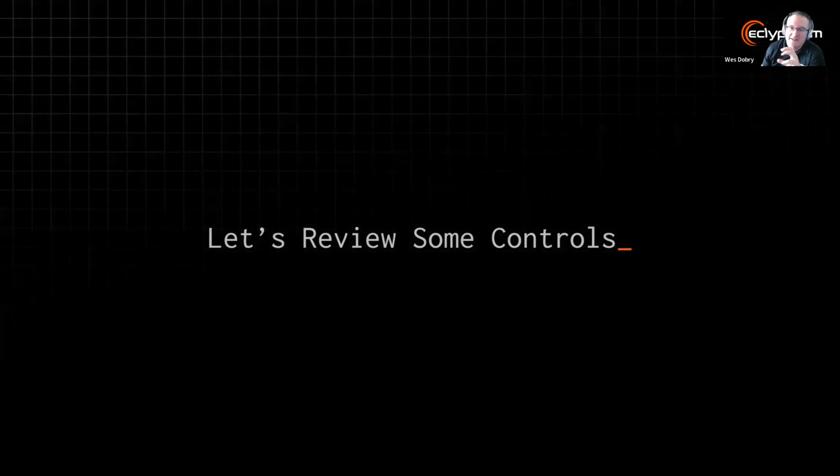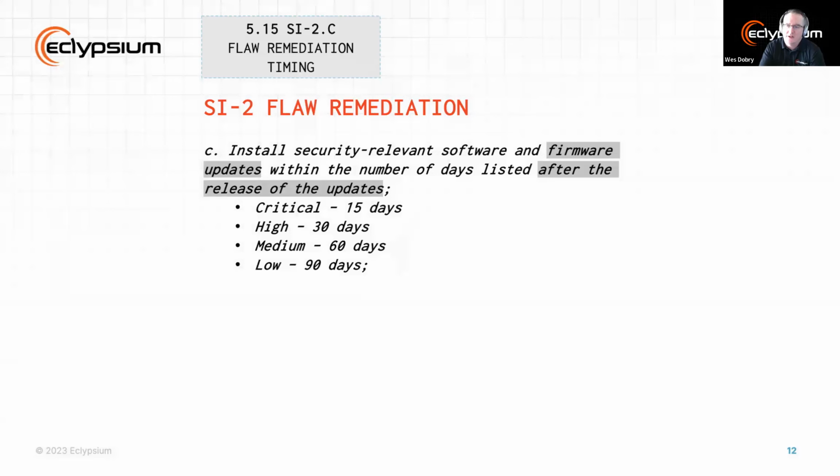So let's take a look at some of the specific controls that have been added and how they relate to the firmware and integrity side of things. First off, the new controls related to SI-2, or flaw remediation, add terminology around firmware updates and the timeframes in which these updates need to occur.